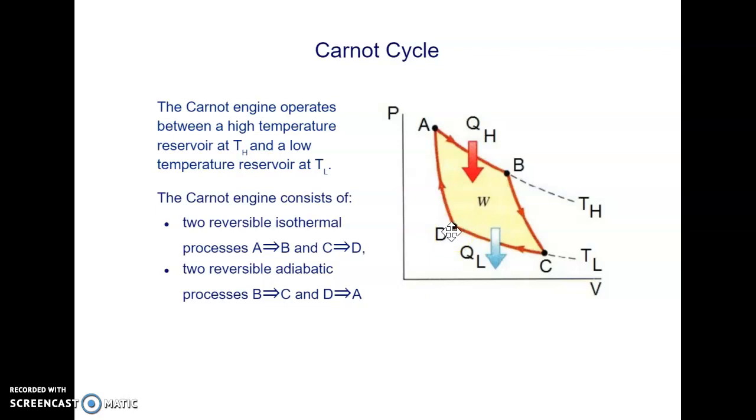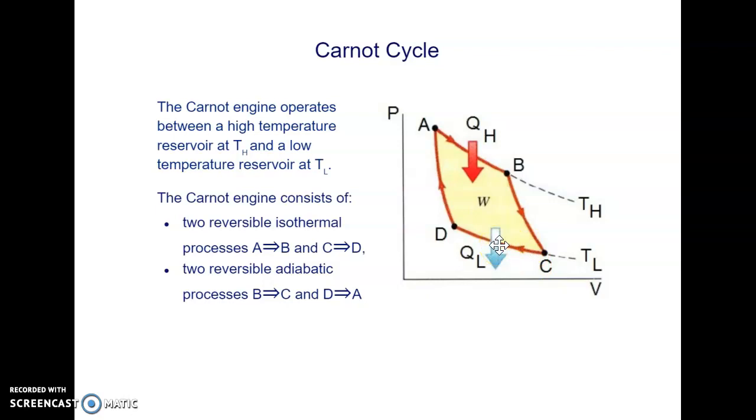And then you have another adiabatic process, in which you're still decreasing the volume, but you get back to the original state. If you imagine a piston moving, it'd have to move in such a way where all these things would be possible. So you have to have two isotherms and two adiabatic processes. The only time heat is exchanged is during the isothermal processes, since adiabatic means no heat is added or removed.